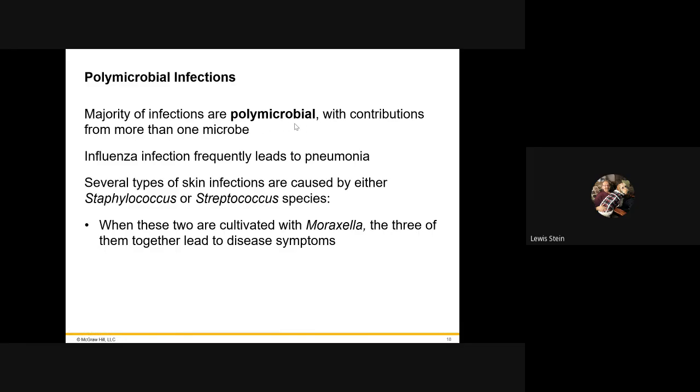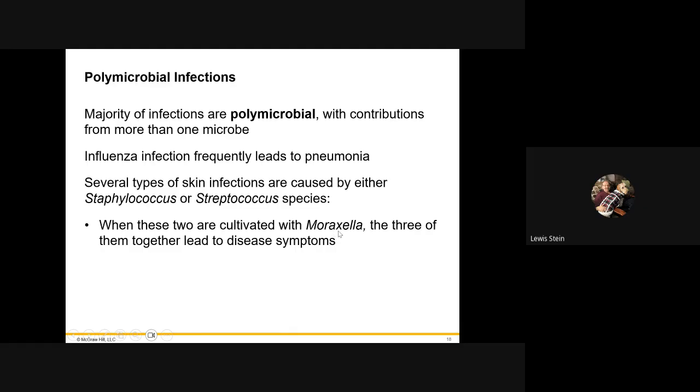Whoever makes these PowerPoints up is not a scientist, is not an epidemiologist, is not someone necessarily with expertise in this. They're hired by the publisher to make up the PowerPoint. I'll buy this: 95% of all skin infections we see are Staphylococcus or Streptococcus.